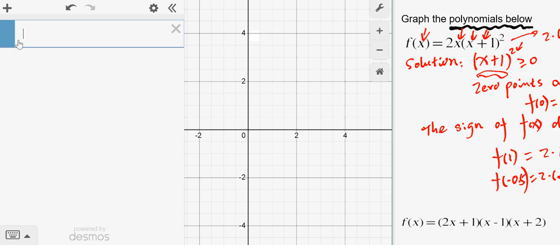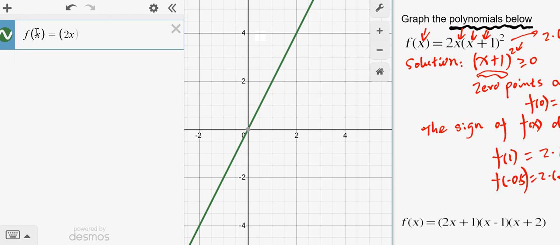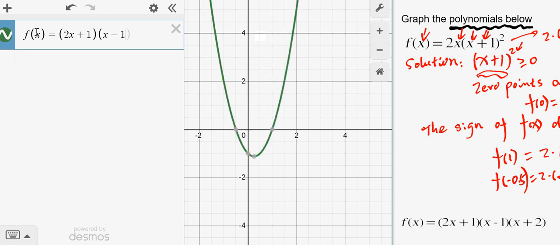I want to input right here. So you want to see f of x, equal sign, and then (2x plus 1), and (x minus 1), and then (x plus 2).